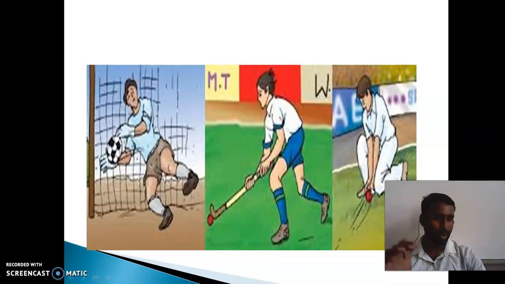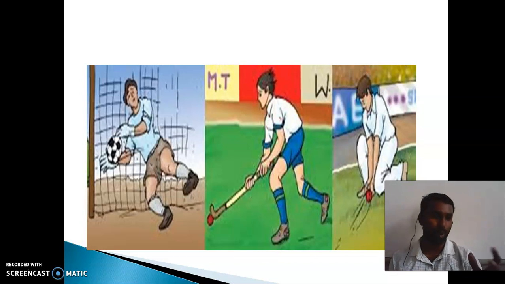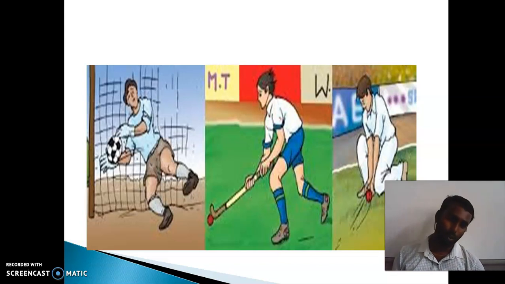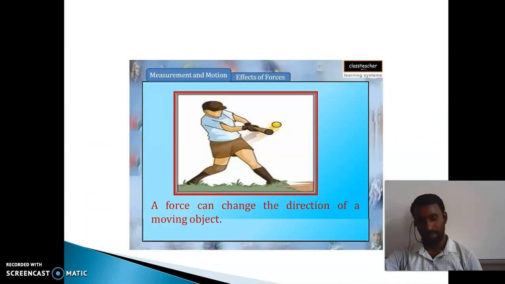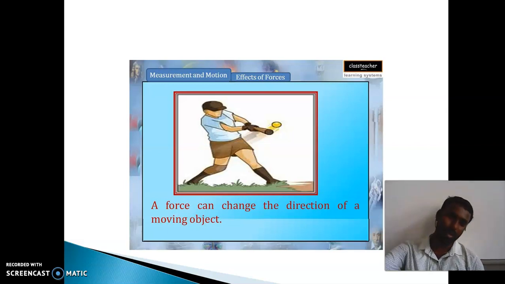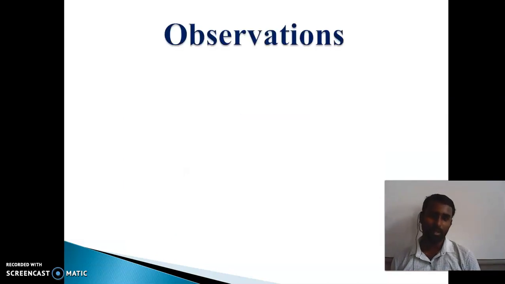How does he change it? Because the ball is already coming in some direction, he applies some force to stop it, giving some disturbance to the object so the ball does not cross the boundary. These are a few examples. One more, the baseball: force can change the direction of a moving object. This is also very important.